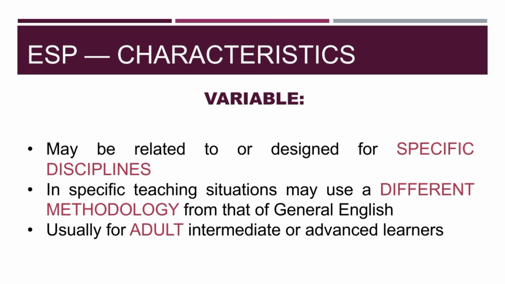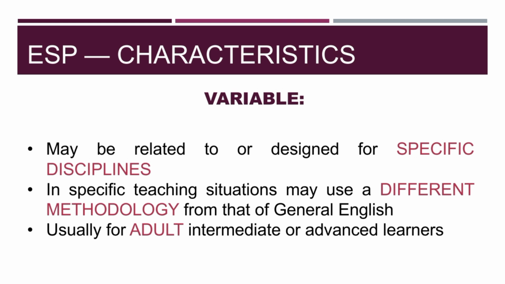So, ESP learners require specific language skills and knowledge tailored to their profession, study, or research area. For example, the academic researchers. The ESP courses for academic researchers might emphasize language skills related to research writing, academic publishing, and conference presentations.